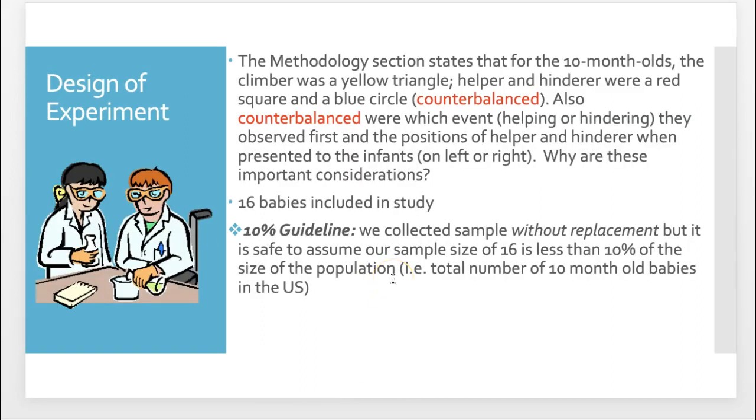Because with these controlled experiments, you have to be very careful if you want to establish cause and effect, and that's what we're doing here. So just the mention of counterbalance, right? Everything's counterbalanced. That's an important thing we do to make sure that our data is good.